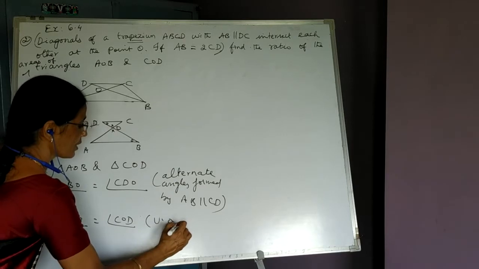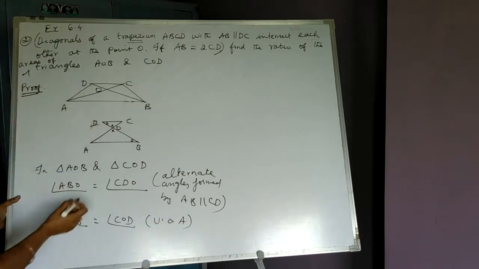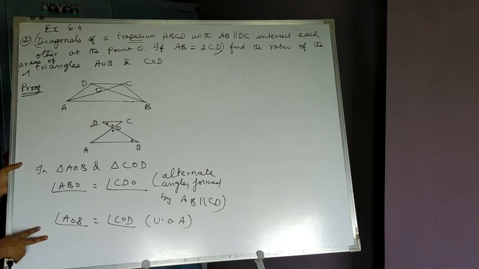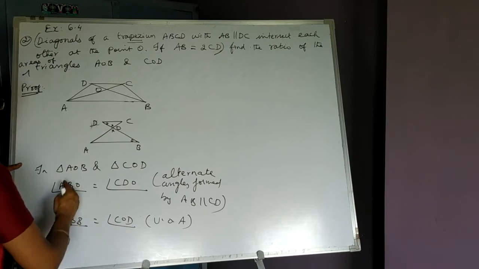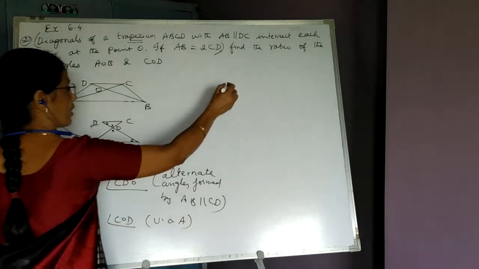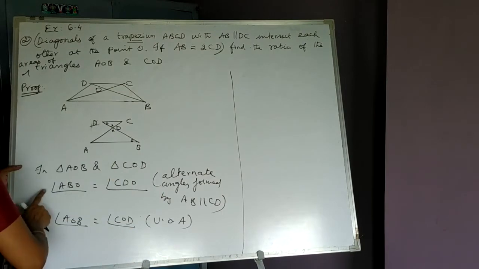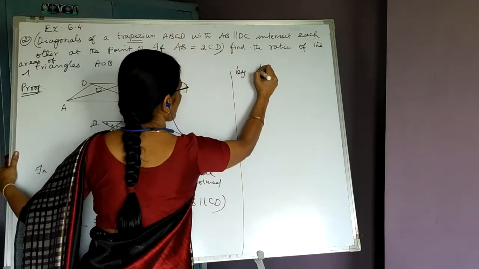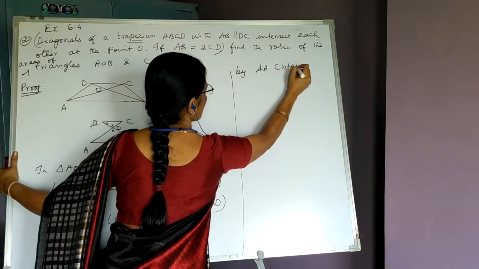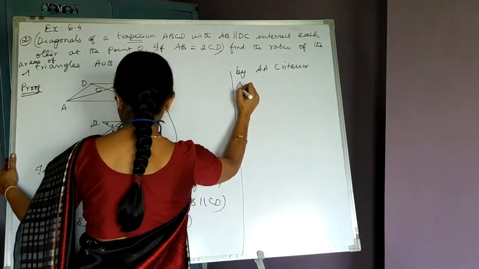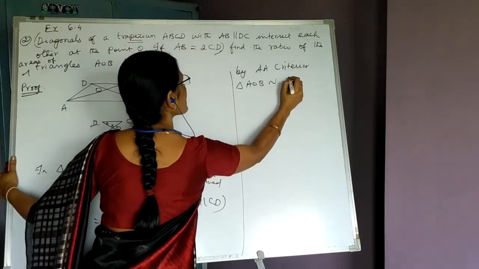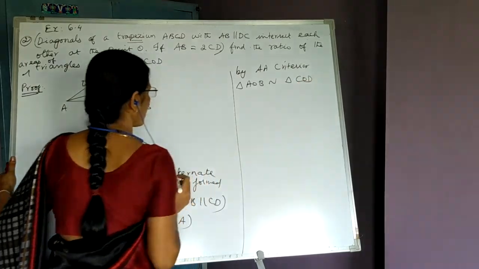They are vertically opposite angles. If you want, you can use these two angles also as alternate angles. Here two conditions can be used. We can use either AA or AAA also can be used. Here I am going to use AA. So in these two triangles we get two pairs of angles equal. Therefore, by AA criterion, triangle AOB is similar to triangle COD.